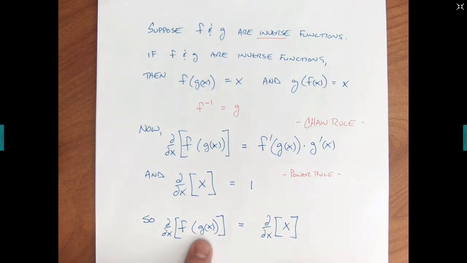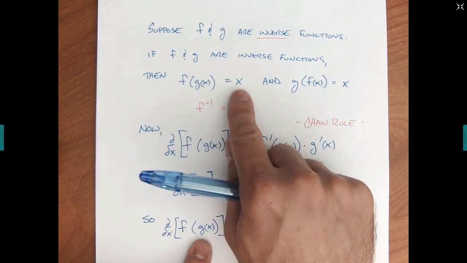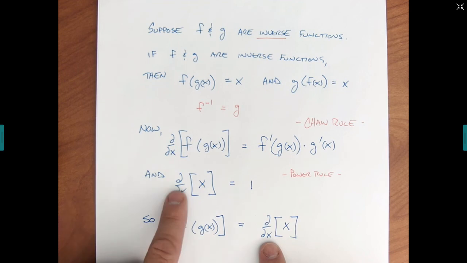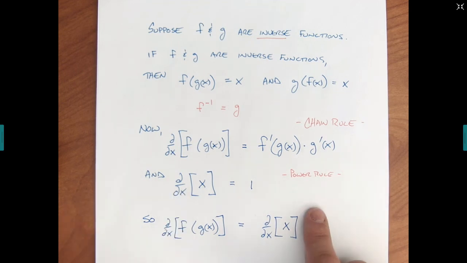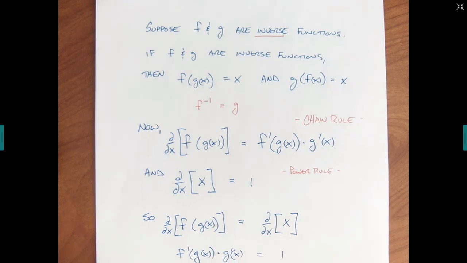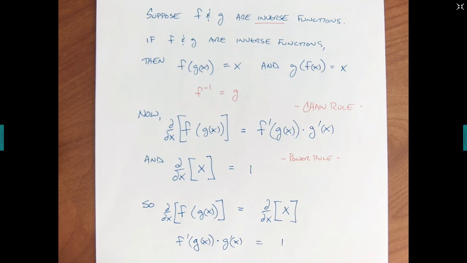So I have f composed of g of x is equal to x. And I write that down, and I take the derivative of both sides of this equation. Of course, I know what those are by the chain rule and power rule. So I have f prime composed of g times g prime equals 1, like this.